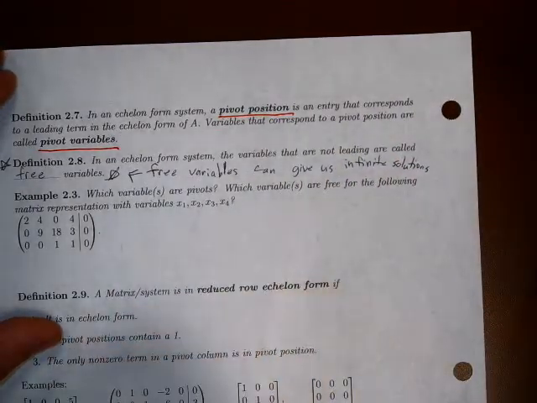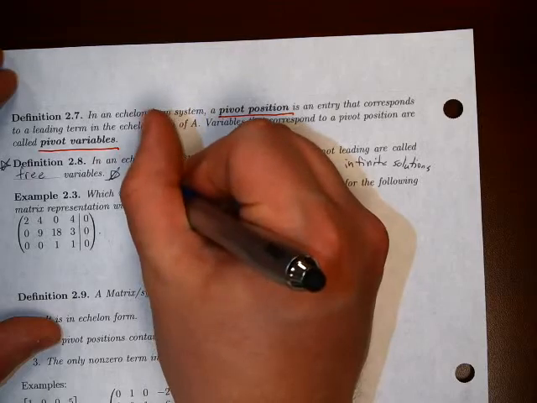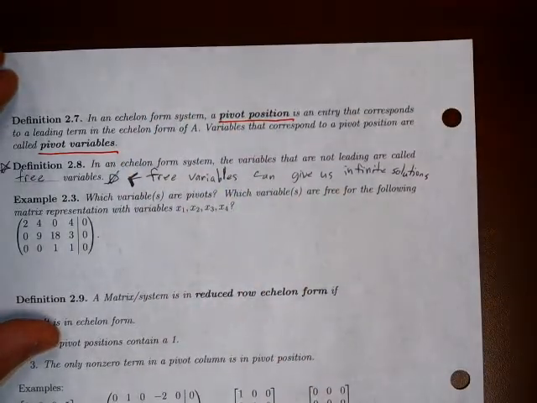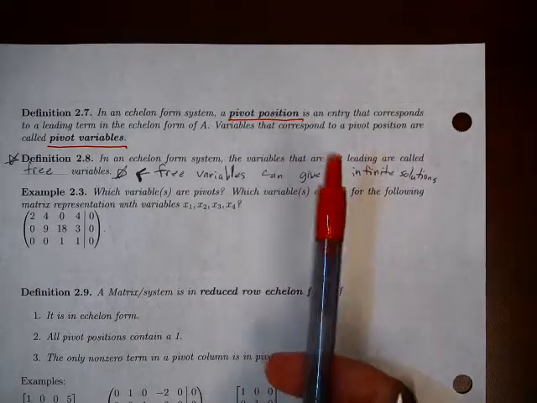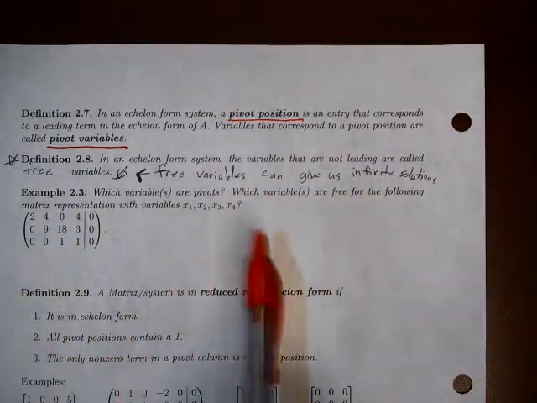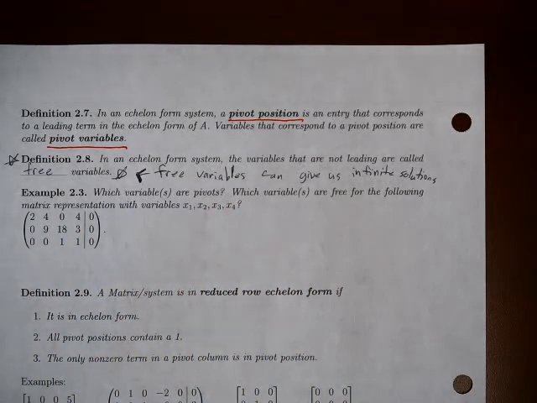So if there was anything I was going to maybe highlight from this free variables portion, it would be the thing that I'd want to know. Usually later on in the class, people start getting weird ideas about what gives us infinite solutions, and in the end it's the free variables, the things that have no pivot positions, that give us infinite solutions. And we can maybe see that a little bit later.